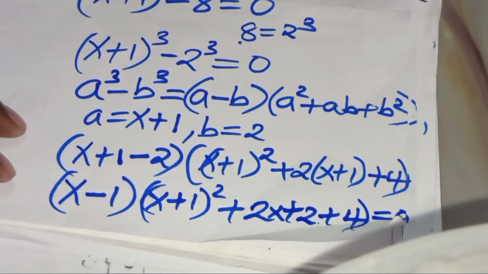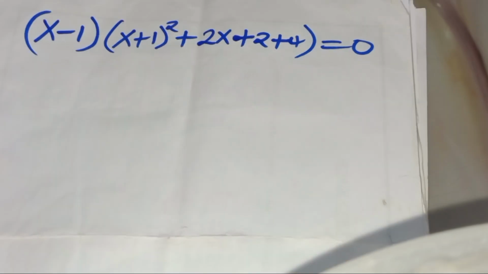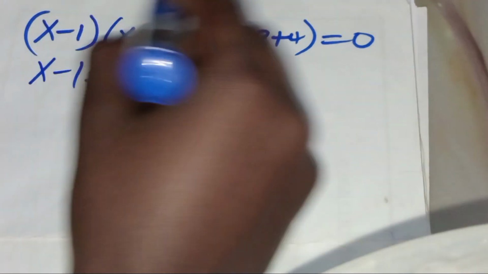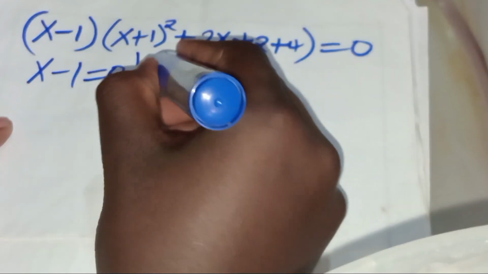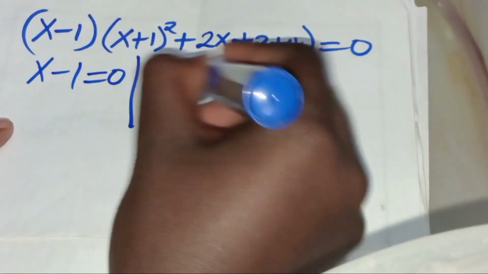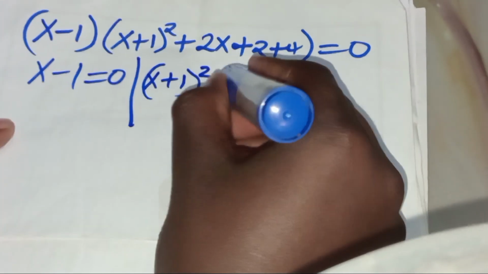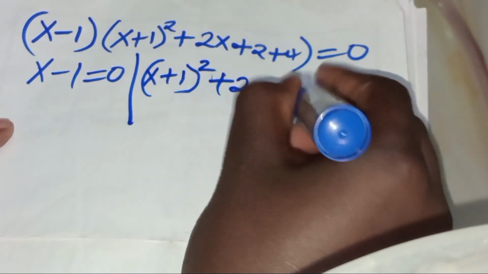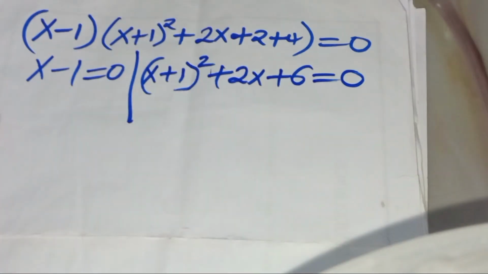So let's proceed. From this equation, we have two parts here. The first part is x - 1 = 0. The second part we have (x + 1)^2 + 2x + 2 + 4, which is 2x + 6, equal to 0.